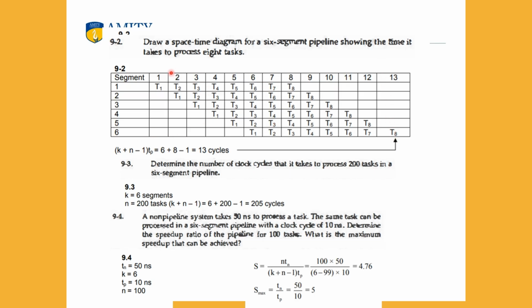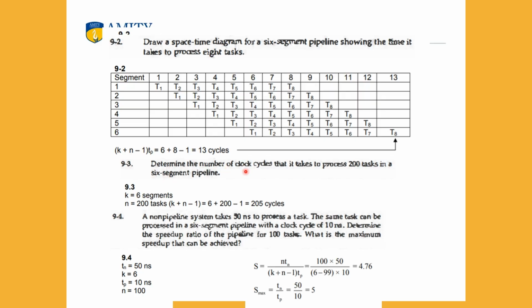This will show us the space-time diagram, and then we can find out the number of cycles using the formula (k + n - 1) tp, where k is 6 segments as mentioned in the question, plus n - 1, that is 8 - 1 tasks, equals 13 cycles, and tp will be the time given for performing one single task. Since it is not given, we only have the number of cycles and not the time. So k + n - 1 gives us 13 cycles. It takes 13 cycles to perform all the 8 tasks in 6 segments.